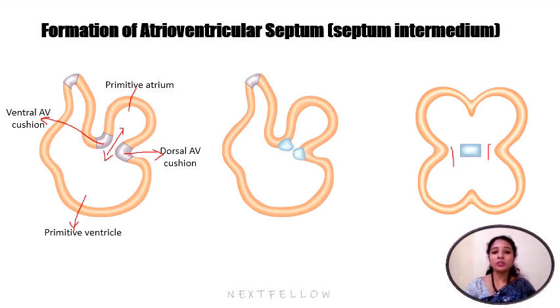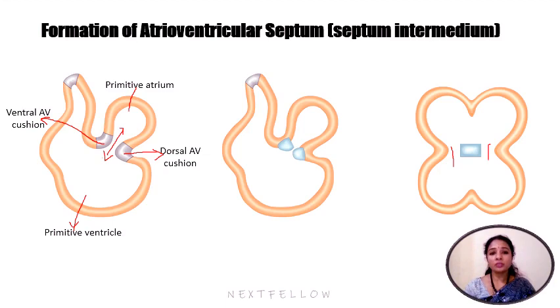The other appears on the ventral wall which is termed ventral AV cushion. These are otherwise called endocardial cushions, so you can say AV cushions, endocardial cushions or atrioventricular cushions.